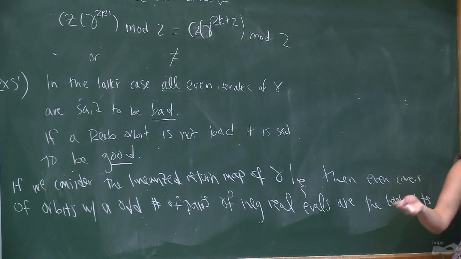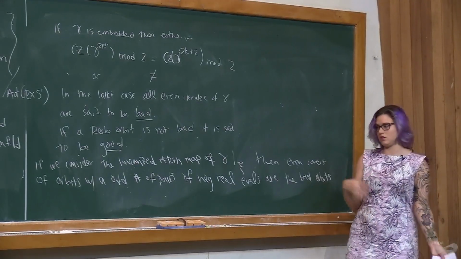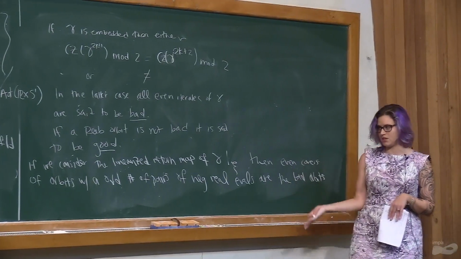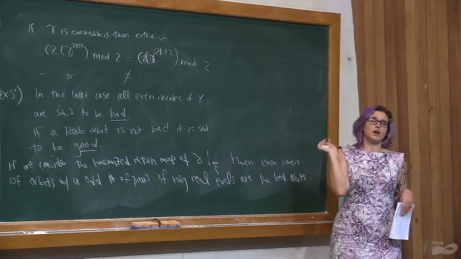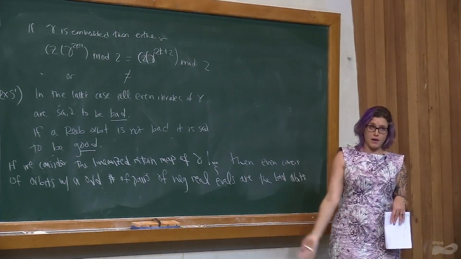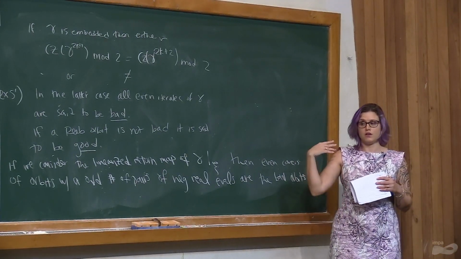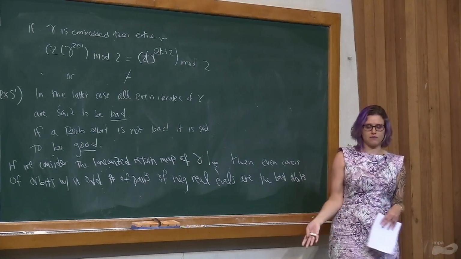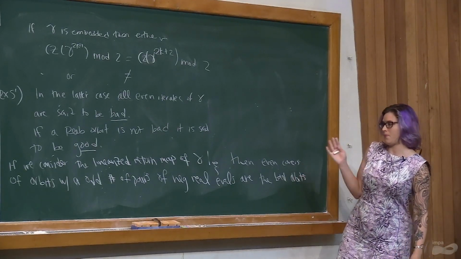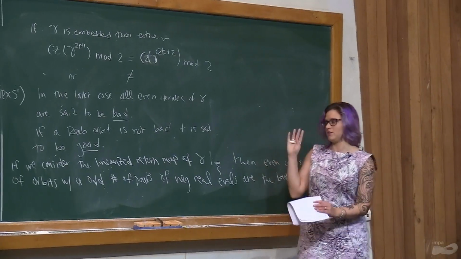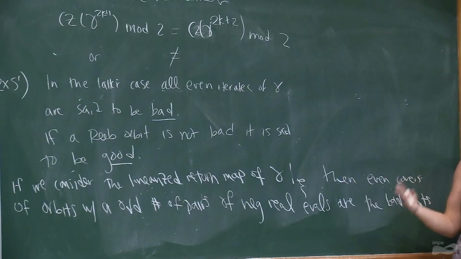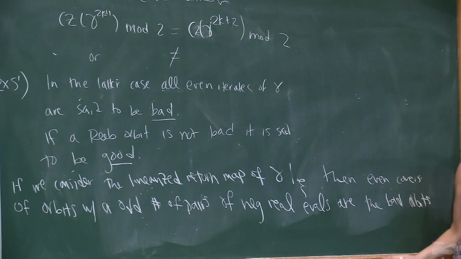And the way to get the determinant to be 1 is to either have pairs of complex eigenvalues, then your Reeb orbit is said to be elliptic. If you have positive real eigenvalues, then you're a positive hyperbolic orbit. If you have negative real eigenvalues, you're a negative hyperbolic orbit. And then the even iterates of the negative hyperbolic orbits are going to be your bad Reeb orbits. And so this is also related to why the generators in ECH are the way that they are.